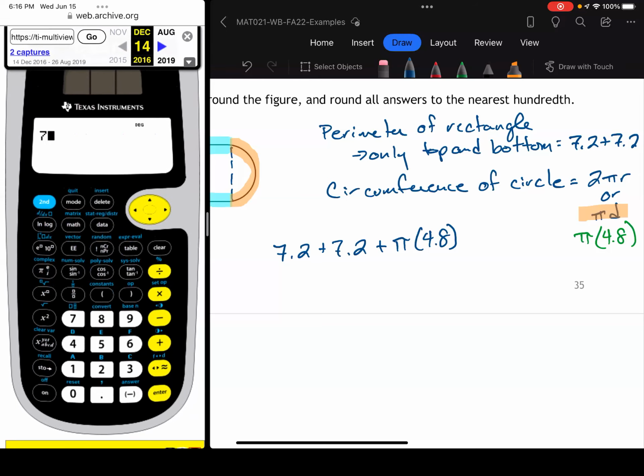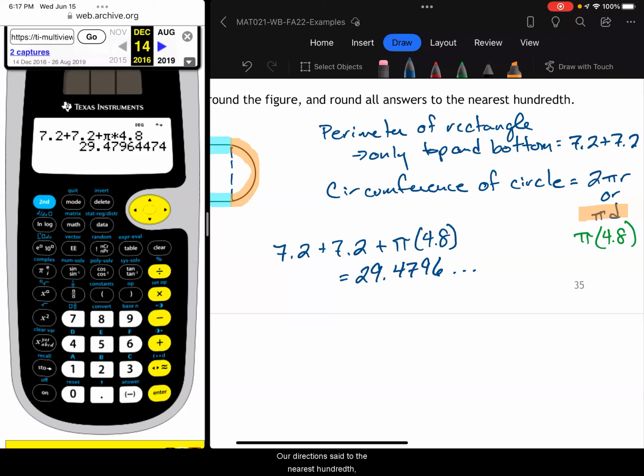So 7.2 plus 7.2 plus pi times 4.8, and enter. We get 29.4796, and that keeps going.